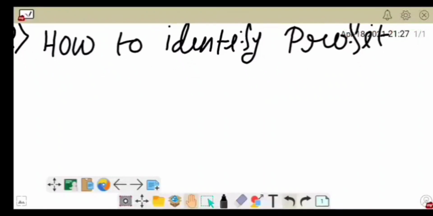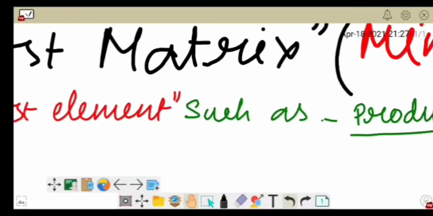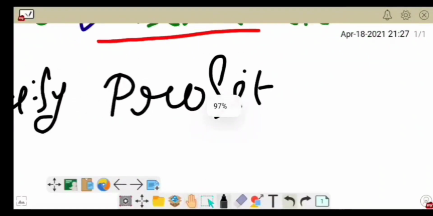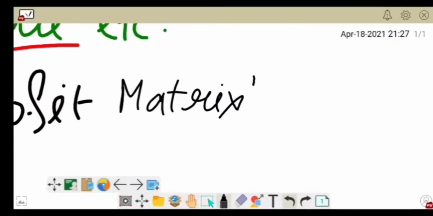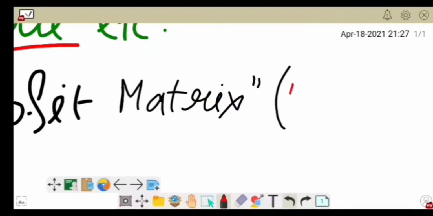Okay, so now number 2 is how to identify profit matrix. The first one was cost matrix, and now we will discuss profit matrix. Profit matrix means maximization.